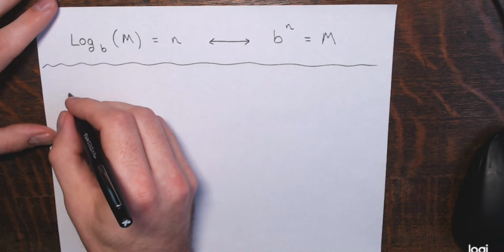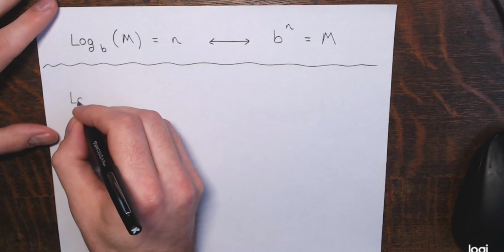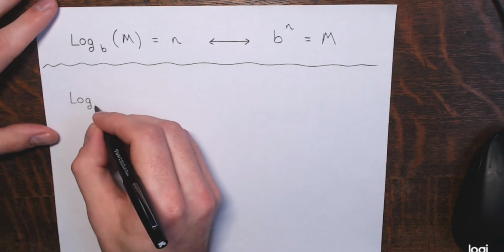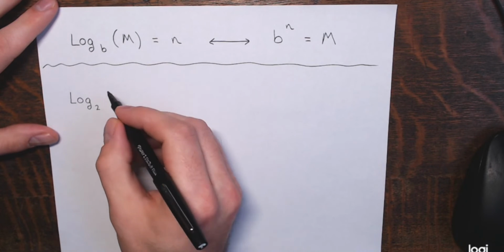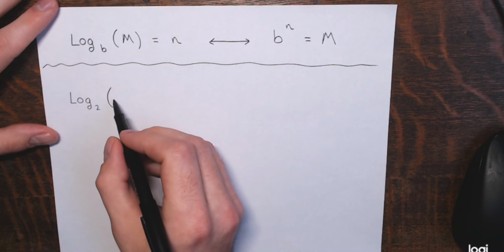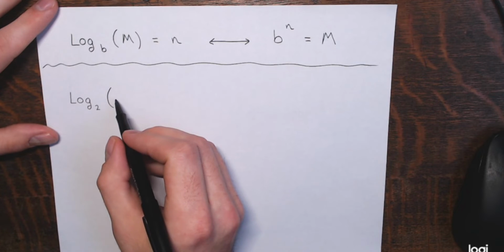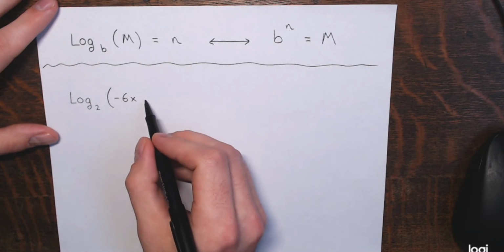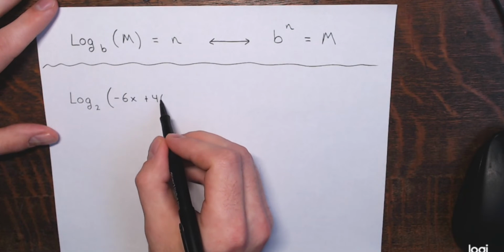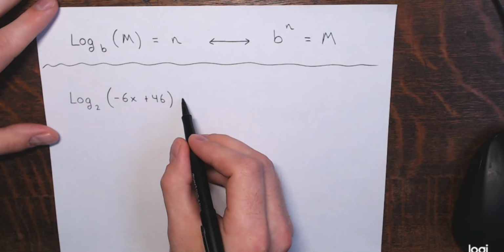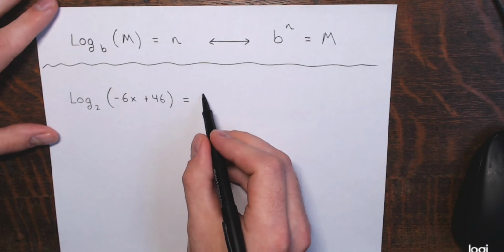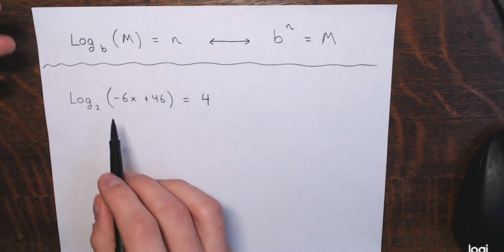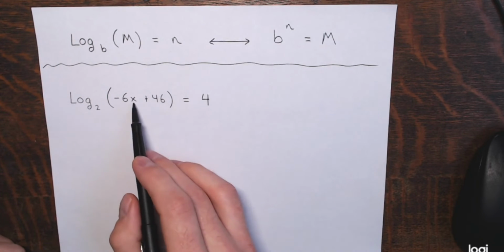So this first example, this first question I'm given is, you have the log base 2. The argument of that log, the input of that log, is the expression negative 6 times x plus 46. And when is this equal to 4? Right, we're asked to solve this. Find a value for x that would make this true.